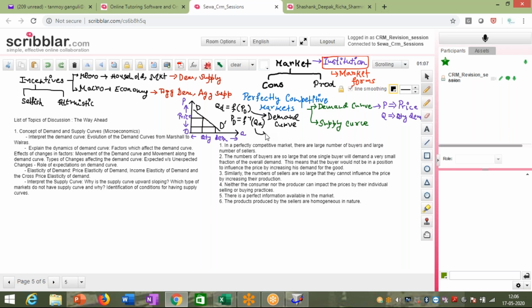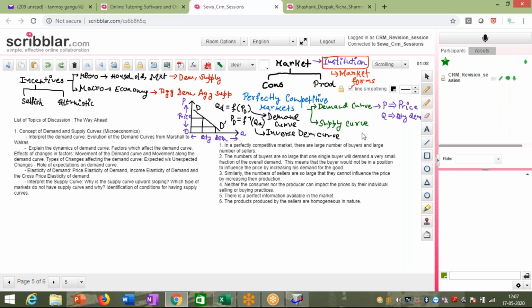So in most of the analyses that we use, we always use the inverse demand curve and the inverse supply curve. We have the inverse demand curve, right?